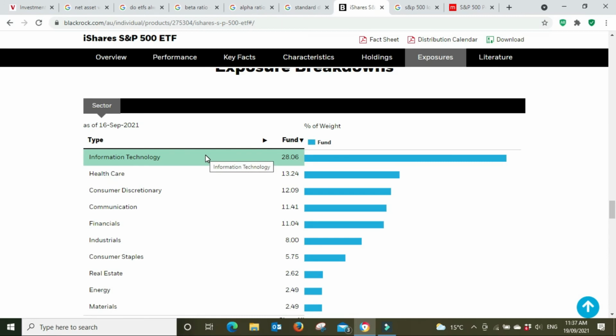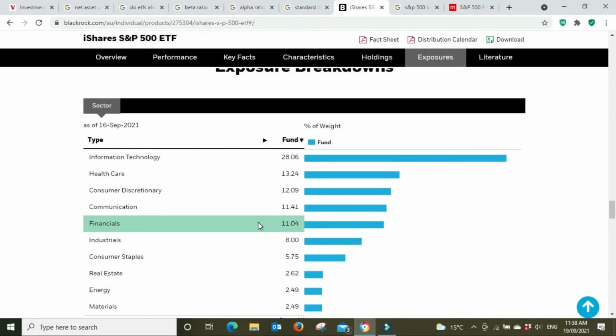So an interesting thing here, we saw in the last example when we were looking at the VAS that about 50% of the VAS, the ASX 300, is made up of miners and banks. Now here in the US, the biggest sector is IT, and that's not surprising at all because you've got all your FANG stocks like your Facebooks, Amazons, Netflix, etc., Google, Microsoft, all those guys.